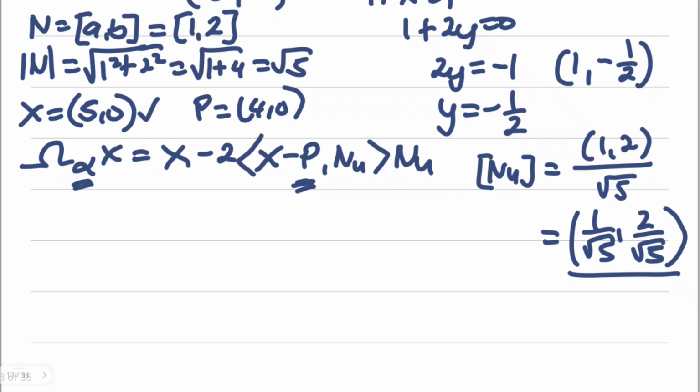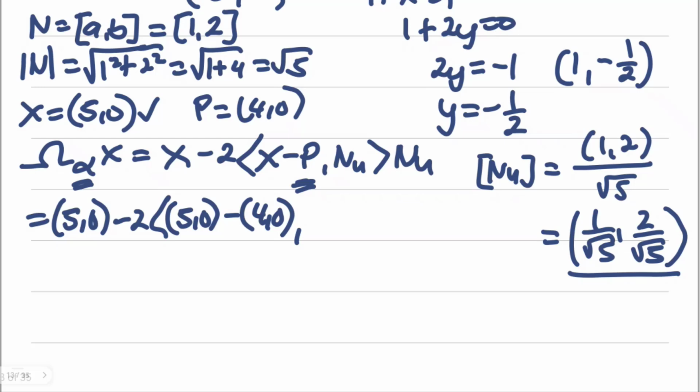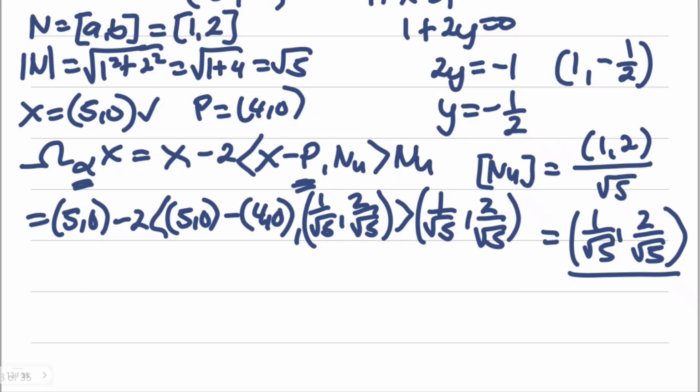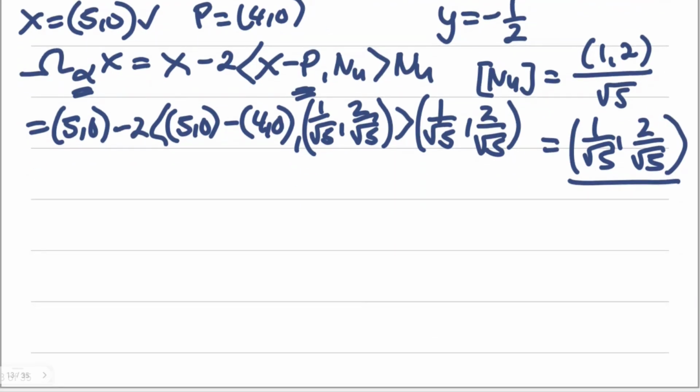So for this, our x is actually 5, 0, minus twice the inner product of 5, 0, minus our P, which is 4, 0, with the unit normal vector, 1 over square root of 5, 2 over square root of 5, still to be multiplied with the same unit normal vector. Okay? So let's do this step by step, and I might be using another page here because this is just the first part, the first reflection.